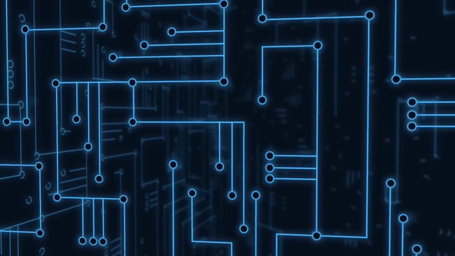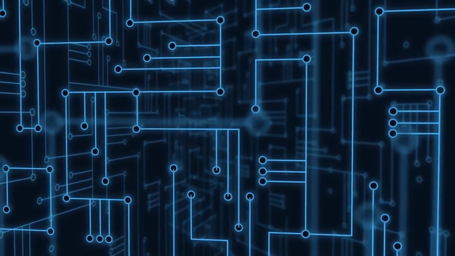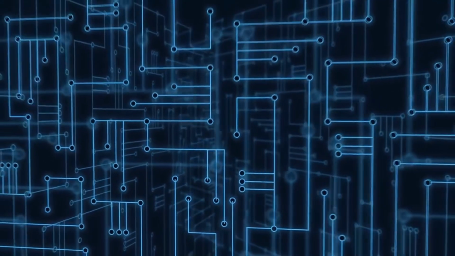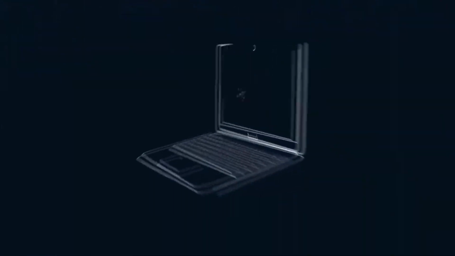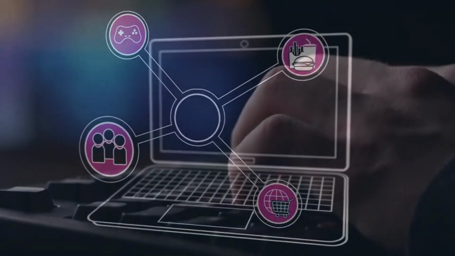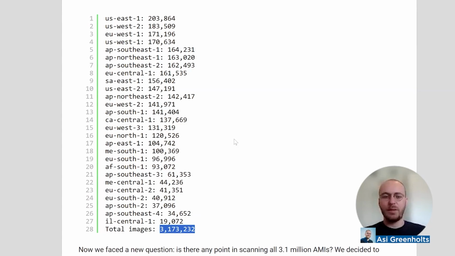Now, the main technical difficulty in this research was to analyze this huge amount of data. So what they did here, they first reduced the number of images they wanted to analyze by filtering them through different categories.